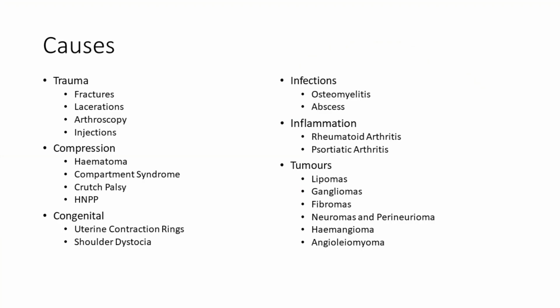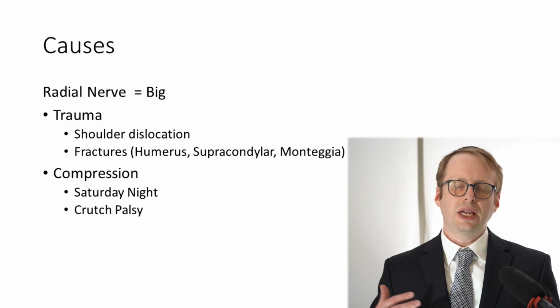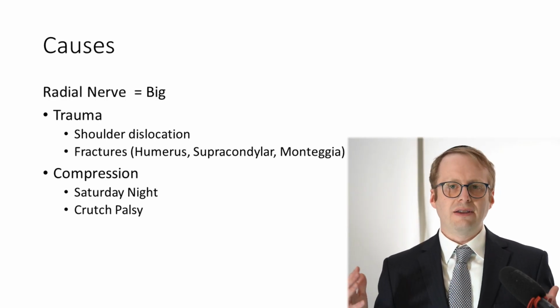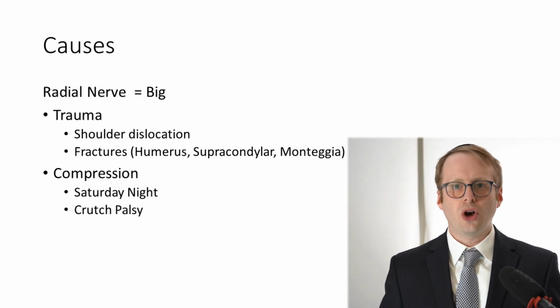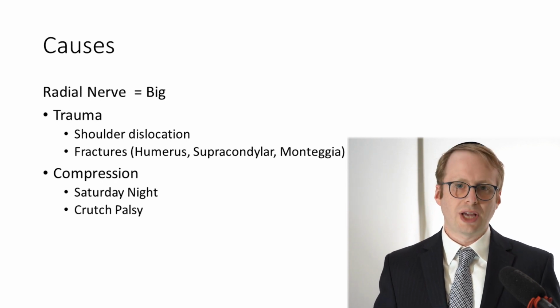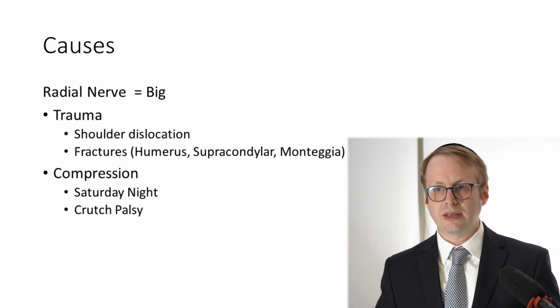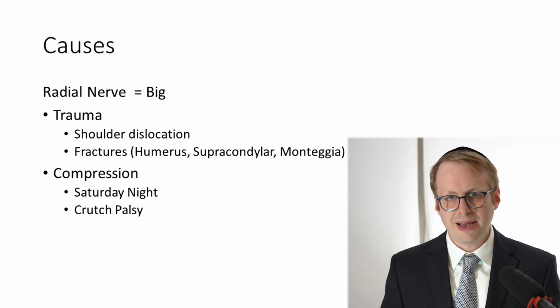So there are lots of different causes which can lead to a radial nerve injury. But if we're going to keep this simple, the radial nerve is a very big nerve, and therefore on the whole it takes big things to damage it. Much like the sciatic nerve, the radial nerve takes a big thing to damage it.